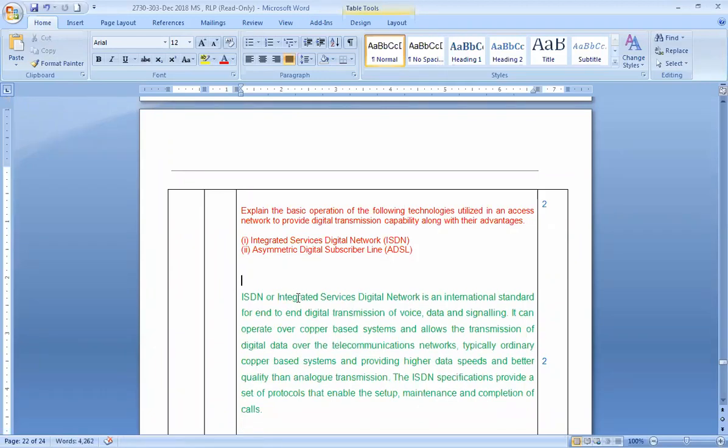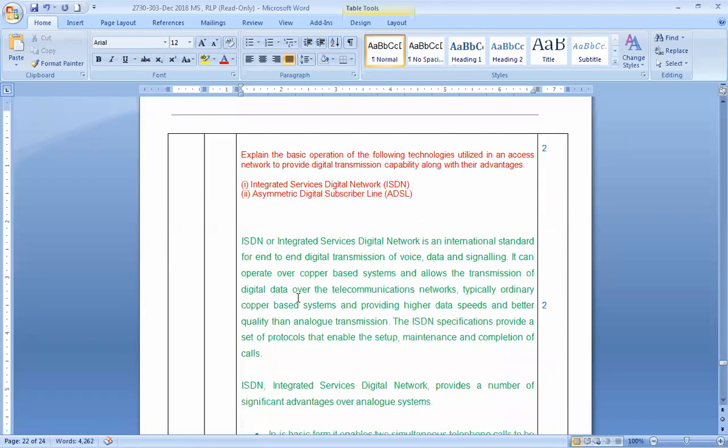Okay, explain the basic operation of the following technologies: ADSL and ISDN. Why I have brought this up here is, these two are very important concepts, which are actually the base of what we are having these days, the internet and all the stuff.